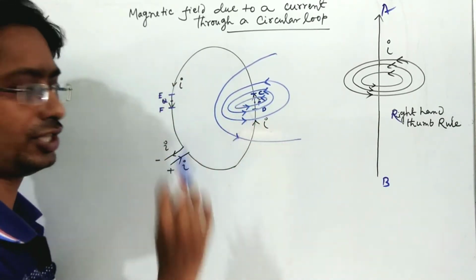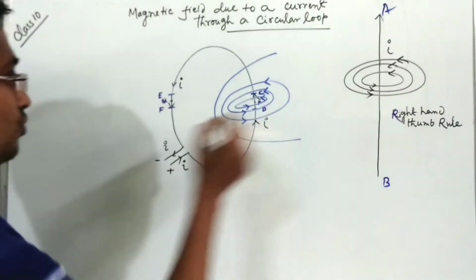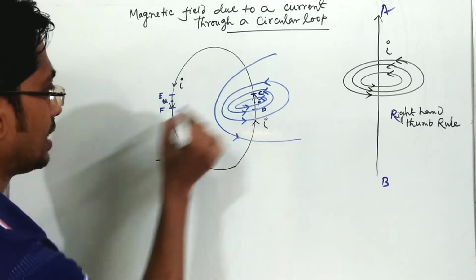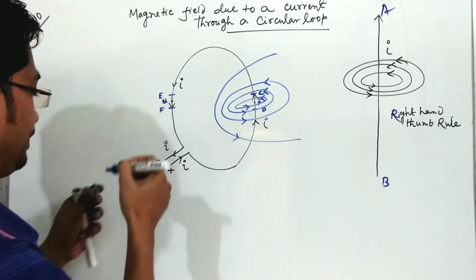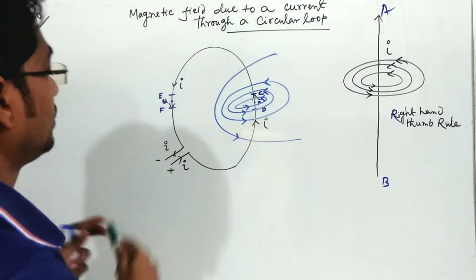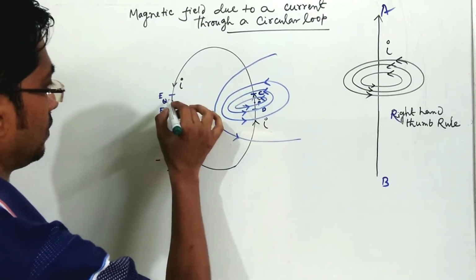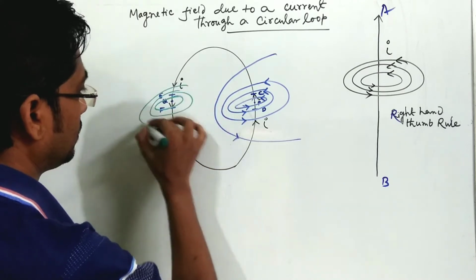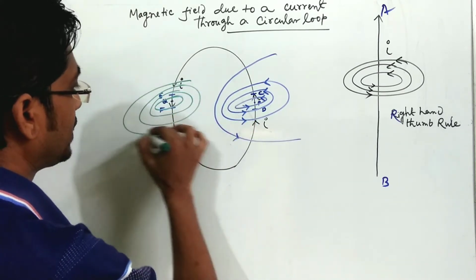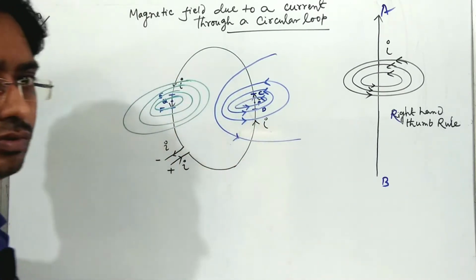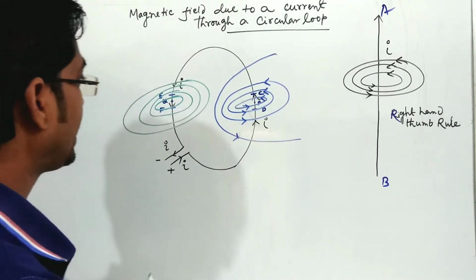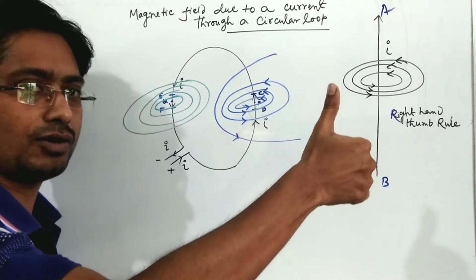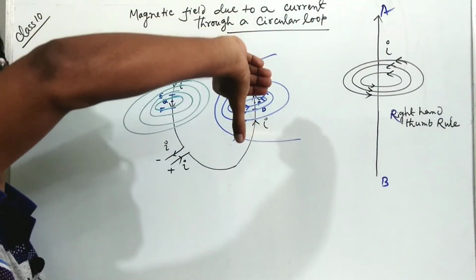Okay, just mind it. Now apply the same formula at the straight wire EF, which is a part of the circle. Now at the point Q you can see that circular magnetic field lines will originate. What will be the direction? Again use the right hand thumb rule, but now thumbs down.